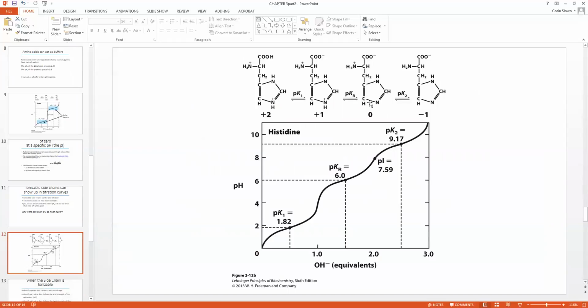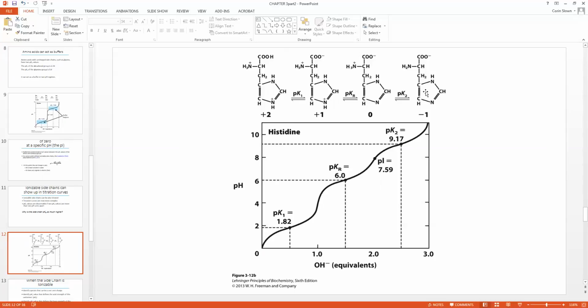Here is histidine with its respective charges. You'll need to be able to identify both what stays protonated at low pH, what loses its proton at a slightly higher pH, and then, right, what the Zwitter ion looks like, and finally, right, what the fully deprotonated form of the molecule looks like.